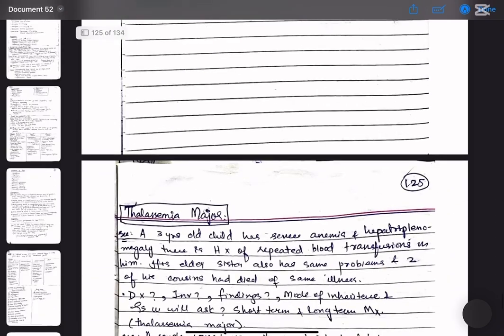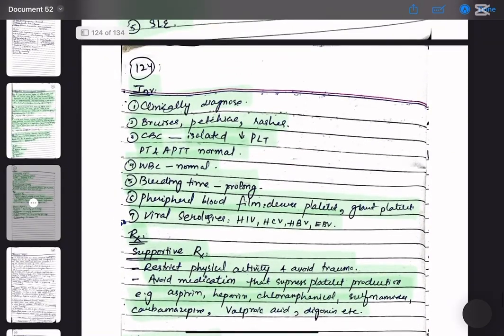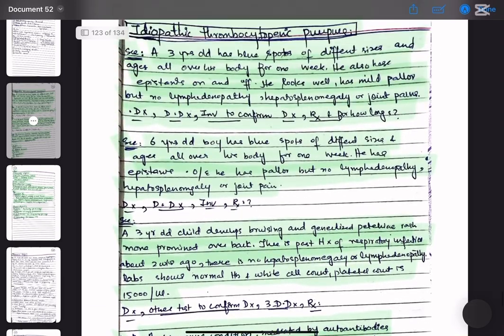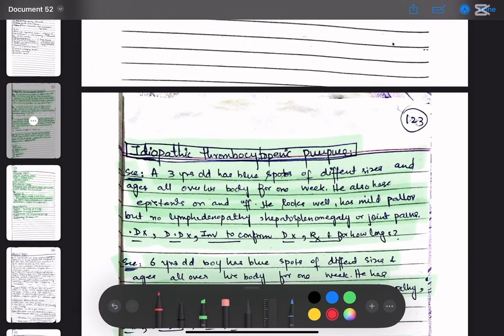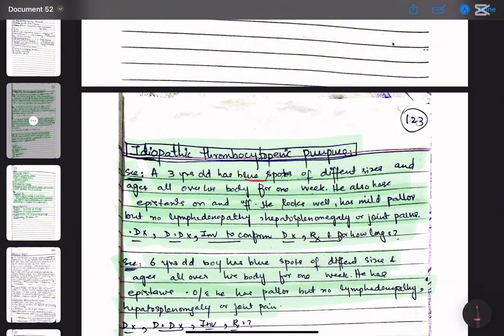So this was all about ITP. We have discussed the scenario in which the main clinical features are blue spots of different sizes over the body, epistaxis on and off, and mild pallor, and there is no lymphadenopathy, hepatosplenomegaly, or joint pain.